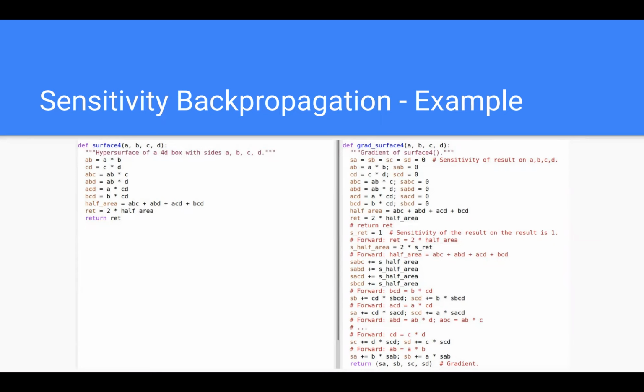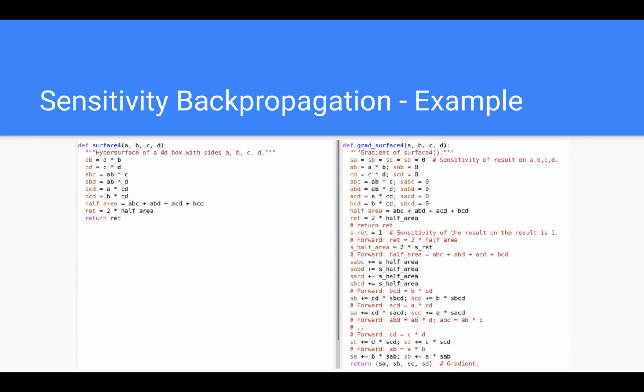And we continue like this, going through the computation. And in the end, we have the sensitivities of the end result on the input parameters A, B, C, and D, and these are just the components of the gradient. If you look at the pre-final line, this is a SB plus equals. So this is a second place where the sensitivity on the parameter B receives a contribution.